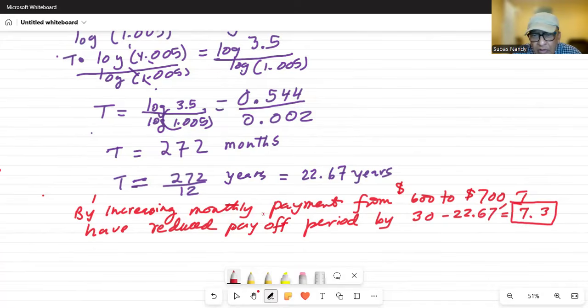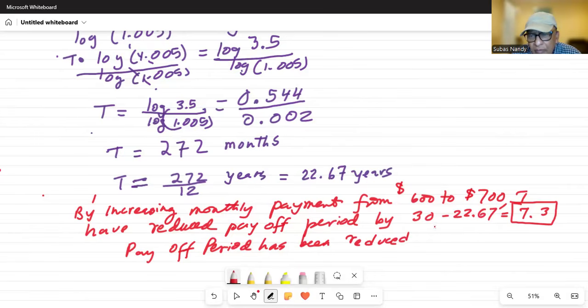That means the payoff period has been reduced by 0.3 years, means almost by 7 years and 4 months approximately.